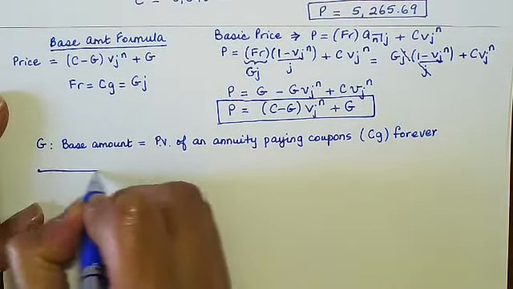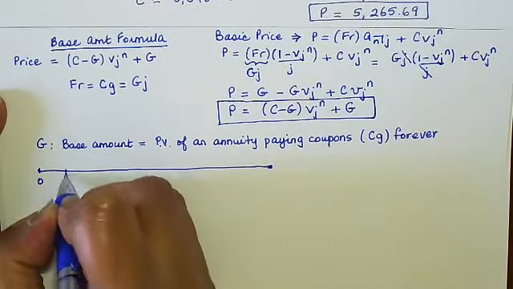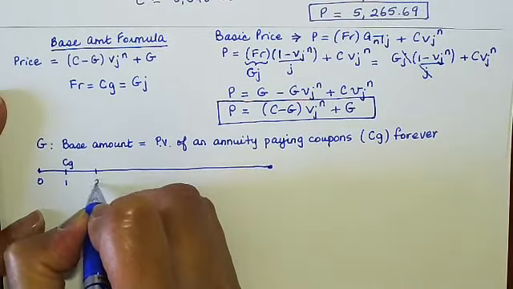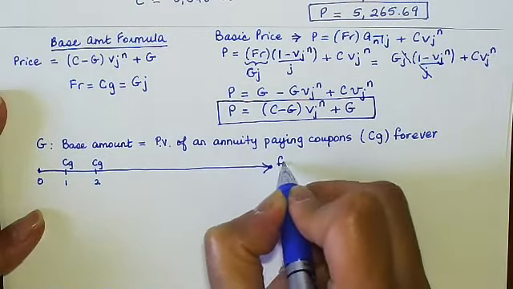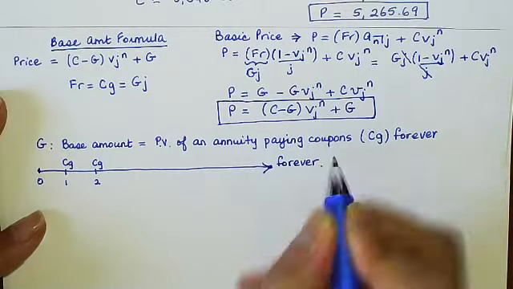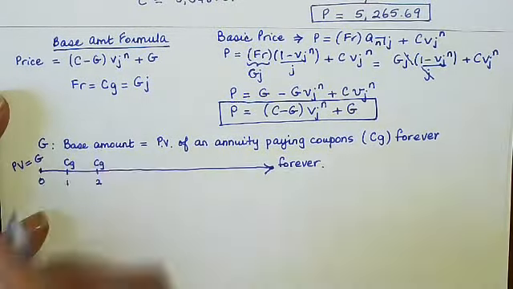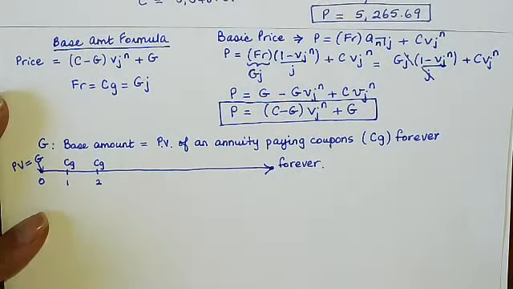So let me draw a timeline. That should make it very clear. Here's time 0. At time 1, it pays CG. At time 2, it pays CG. And this goes on forever. And this present value here is equal to G, right there, of this perpetuity.